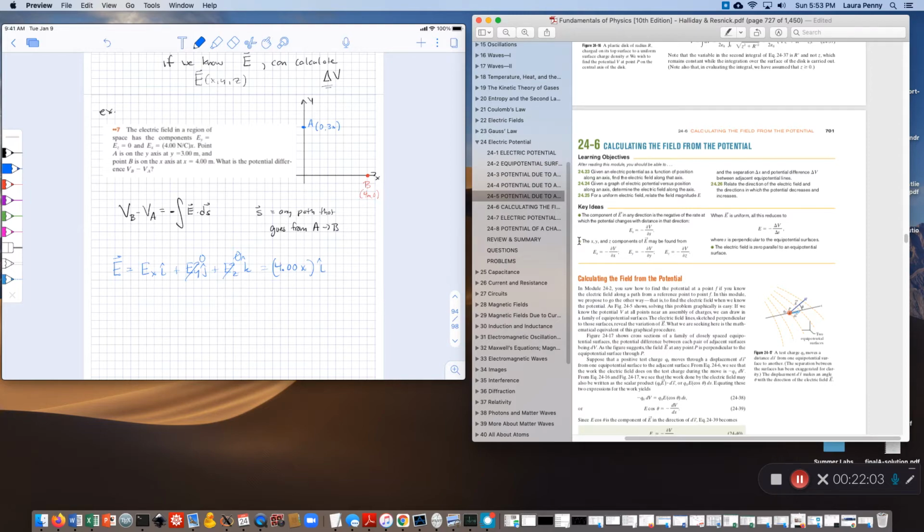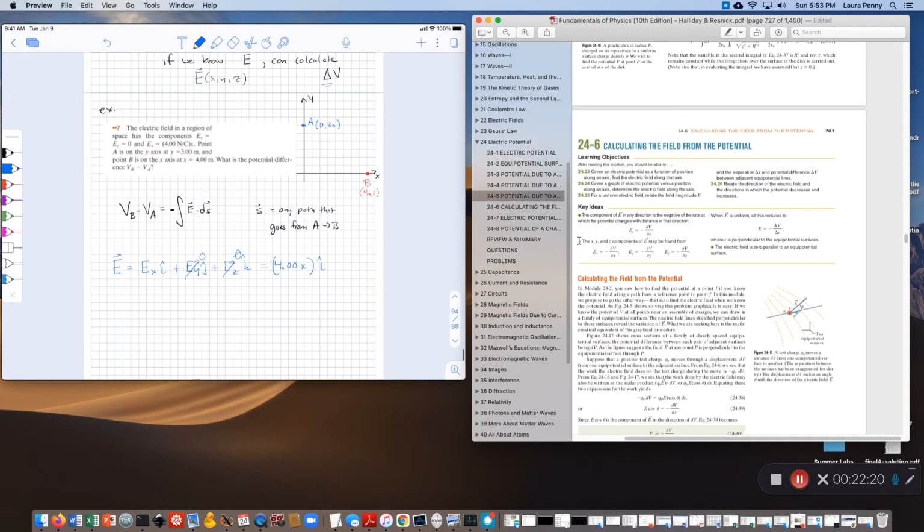It wants to know the potential difference between these two points, where point A is up here on the y-axis at 3 meters, and point B is on the x-axis at 4 meters. So I can actually use this equation. I'm going to say V_B minus V_A, going along any path that will take me from A to B, any path at all.